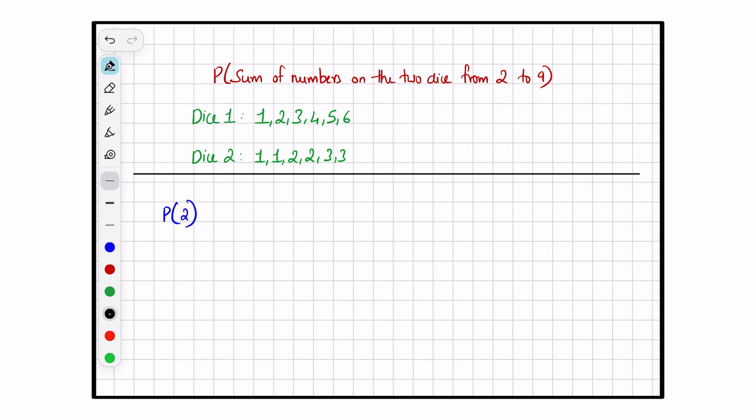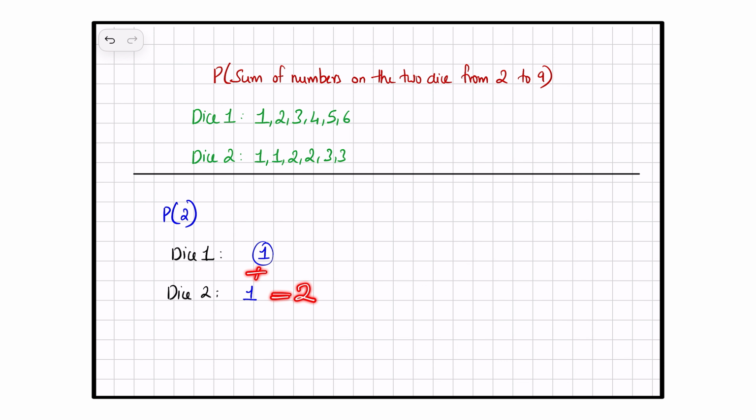Starting with the probability of the sum as 2. On dice 1, let's say I get number 1. On dice 2, what are the possible outcomes? I can only have 1, right? Then only I will get 1 plus 1 equal to 2. But on dice 2 we have 2 ones, not just a single one. That means I can have 1 or the second one, and together I can have 2 possibilities.